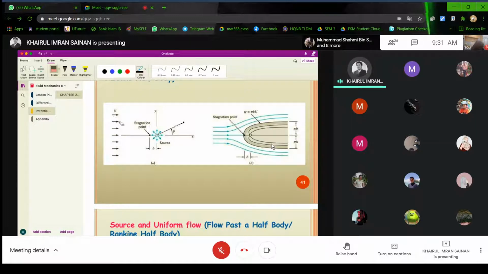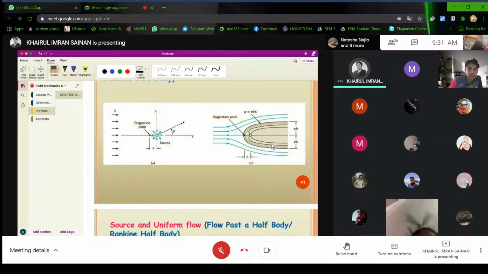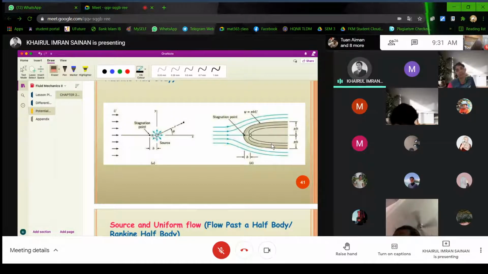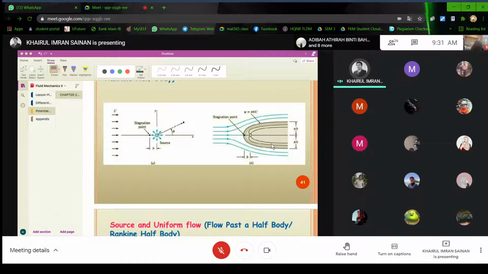One of the features of this flow. When you have a uniform flow from left to right and you have a source flow, basically the fluid is opposite each other, right? So at a certain position, there will be what we call a stagnation. You all see me, right? There will be a stagnation where velocity at that point is actually zero.